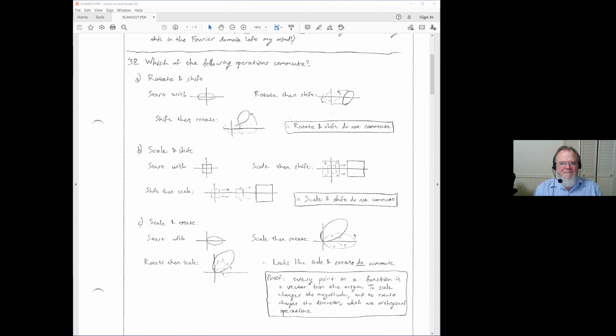So direction and magnitude can be changed in any order. Okay, go ahead and unshare your screen.